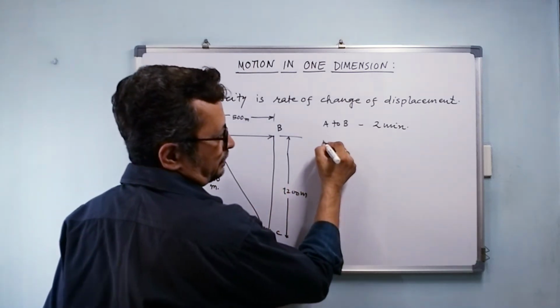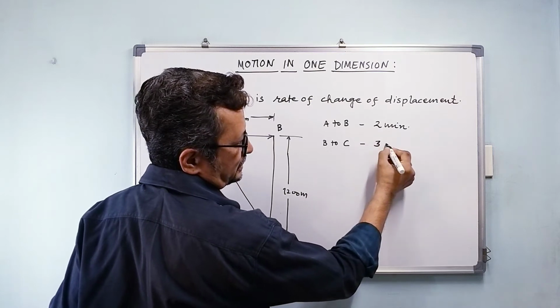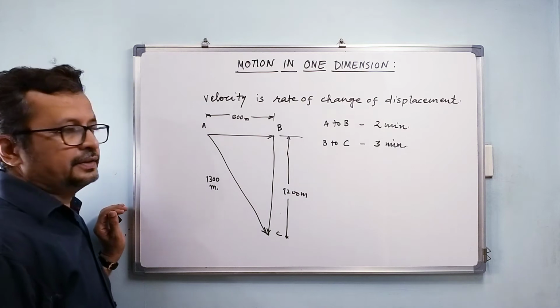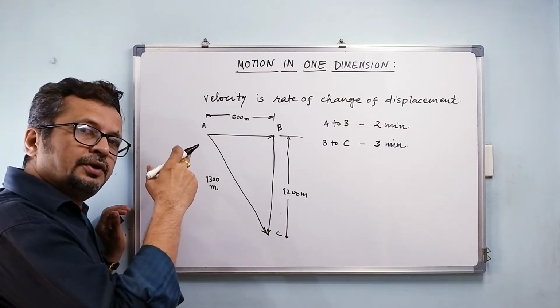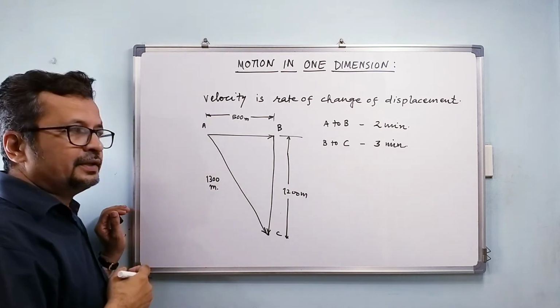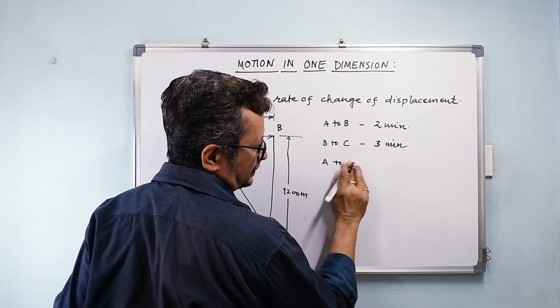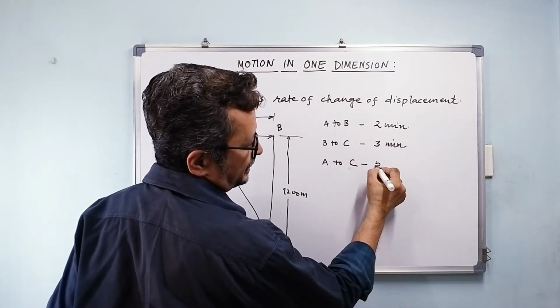B to C I am going to cover in, let us say, 3 minutes. What's the time taken for reaching from A to C? So obviously, the total time is 2 plus 3, that is 5 minutes.